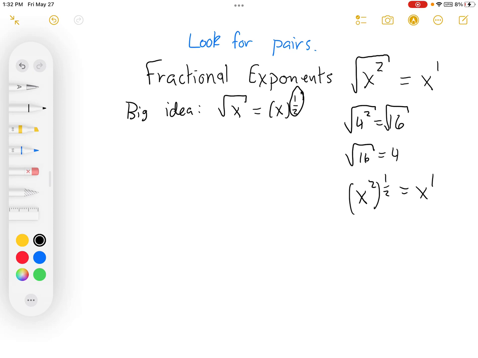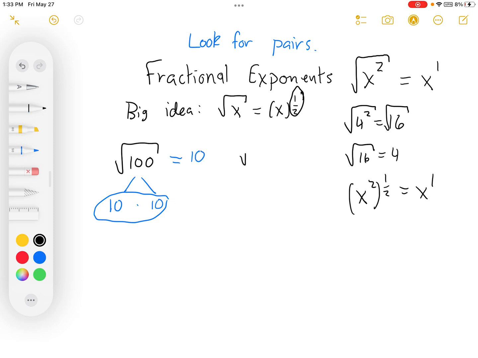So let's remind ourselves how we simplify radicals. In the past, if we had something like, say, the square root of 100, we could simplify it by breaking it down into prime factors and then looking for pairs. So for example, we could split it down to say that 10 times 10 is equal to 100. Notice we have a pair of 10s, so therefore the square root of 100 is 10.